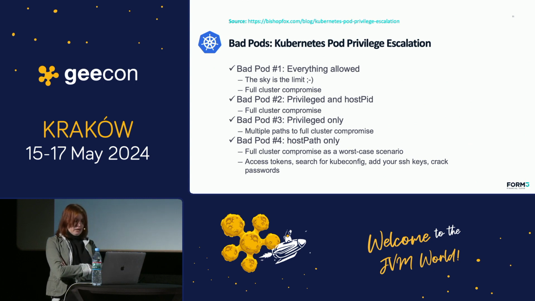With host path only, our first demo, there is still a path to a full cluster compromise as a worst case scenario, depending on what's available and what you can find in this mounted volume.